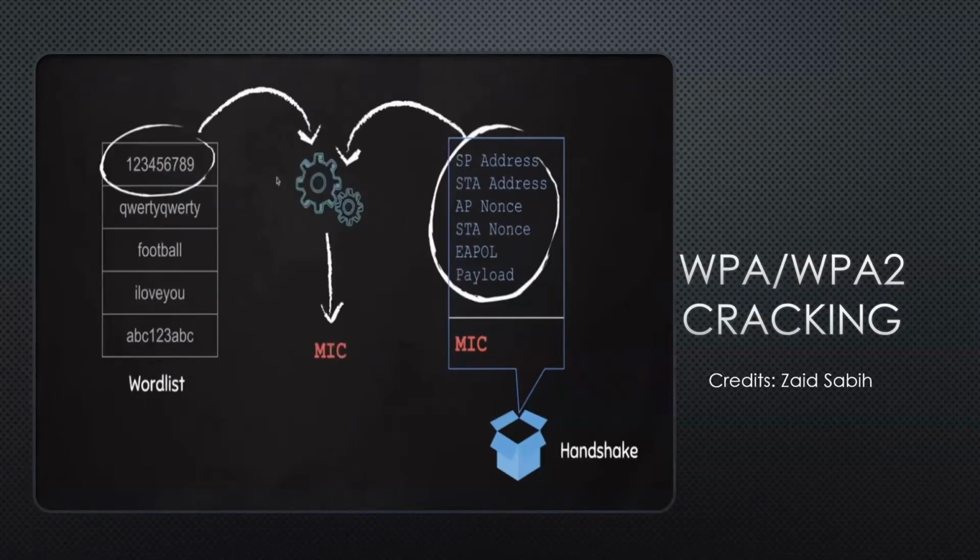Sorry, I said that wrong: it generates a message integrity code and compares it with the one that's already here. If they are the same, then you have found the password to the network. If not, it's going to go from the first one to the next one, to QWERTY, and so on and so forth.